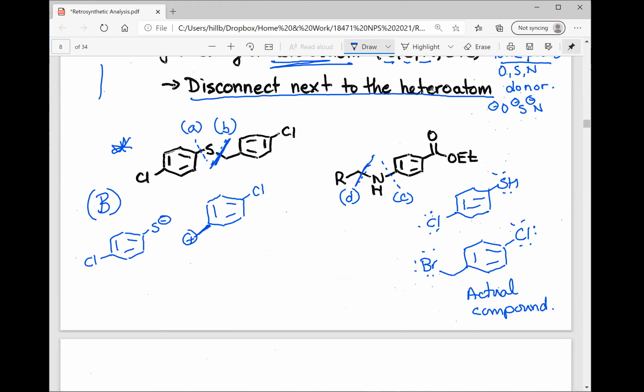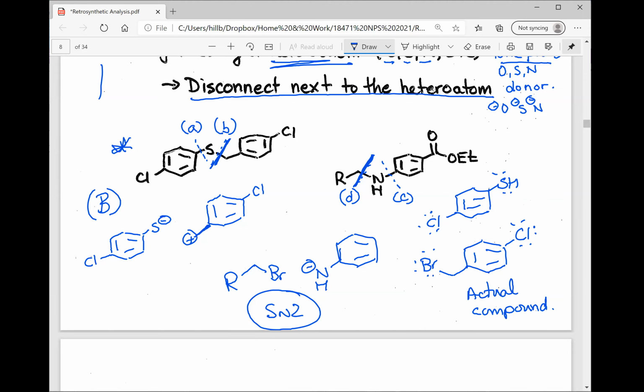The D disconnection would be better because you could have nitrogen with a negative charge, which is what you want, and then the R carbon. If you had a Br here, you could potentially do an SN2 reaction.